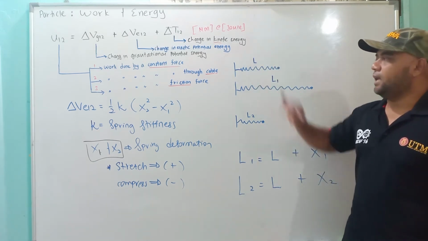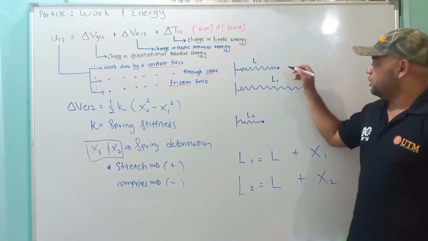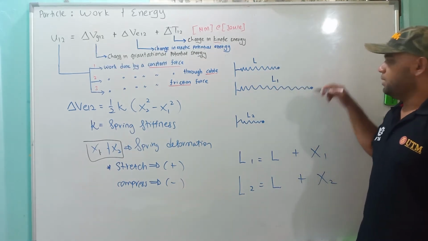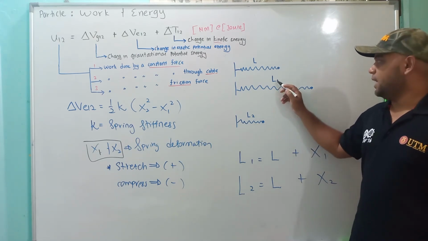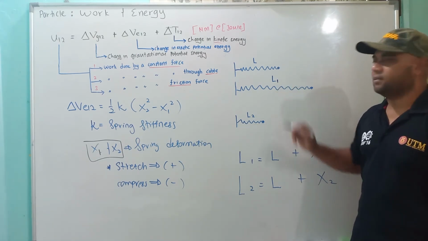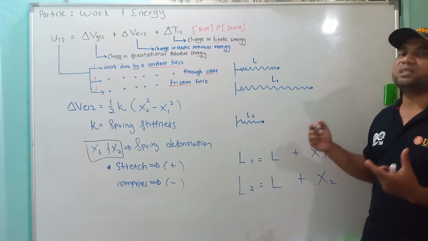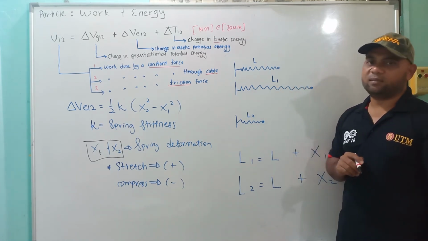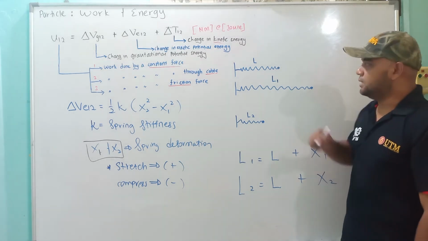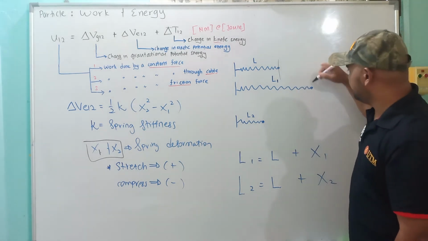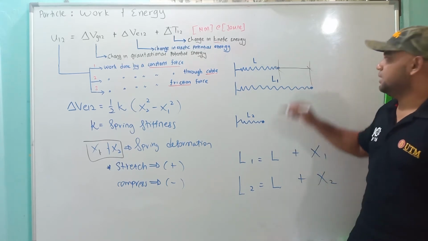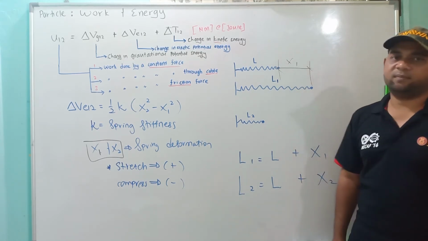Let's say we pull the spring in this direction, so the spring becomes longer. This length we call L1, the actual dimension at position 1. The difference here, which you cannot see from the figure, is x1.